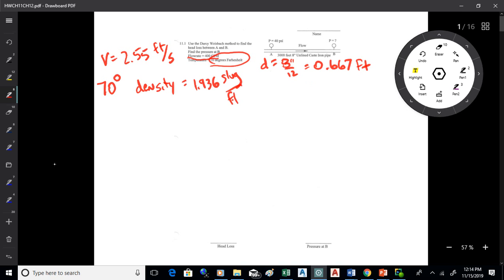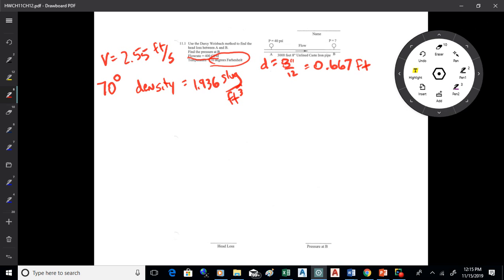The slug is kind of an odd unit. It's the English system that we use here in America, or imperial system as it's called sometimes, and that's the unit of mass. Then we've also got the viscosity that we need. The viscosity is like how sticky the fluid is. Honey is viscous, much more viscous than water.